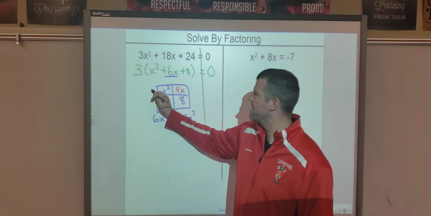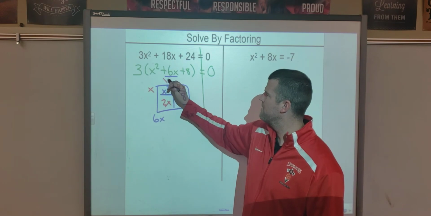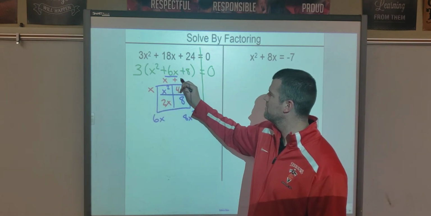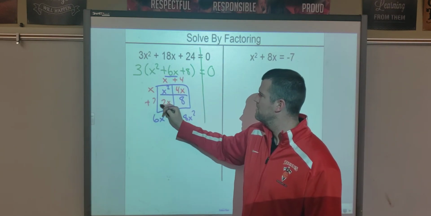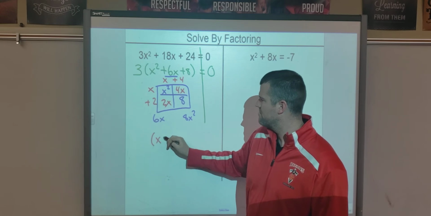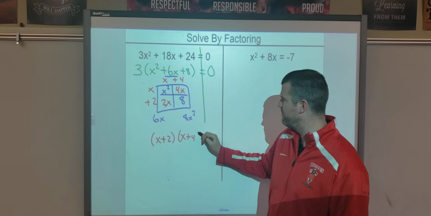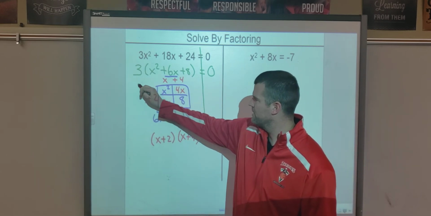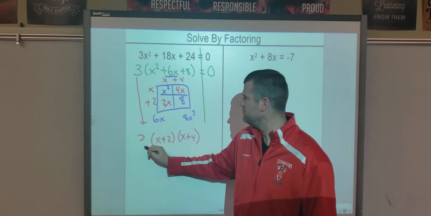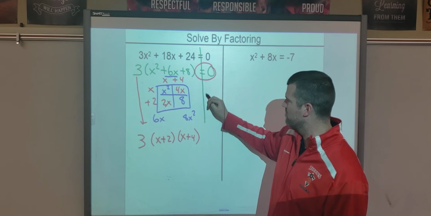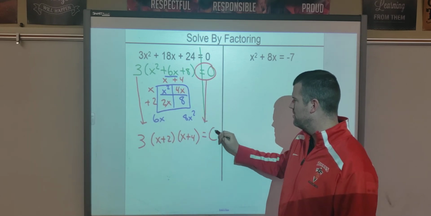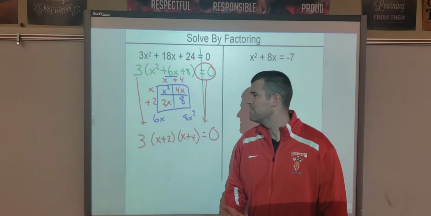Take out my common factor, multiply around the outside to get what's left over. And I can write down my factors of x plus 2 times x plus 4. And then I've got to remember to bring this 3 down. And I also have to remember to bring this equal 0 down, because we are going to continue to solve.